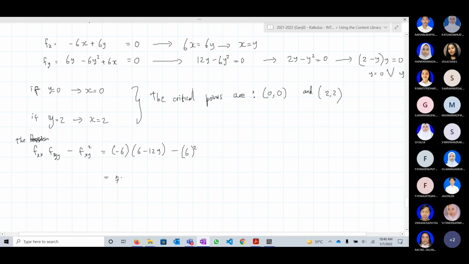So this is 72y minus 36 minus 36, minus 72, or this is equal to 72 times (y minus 1).